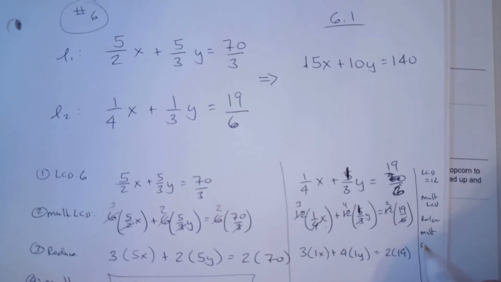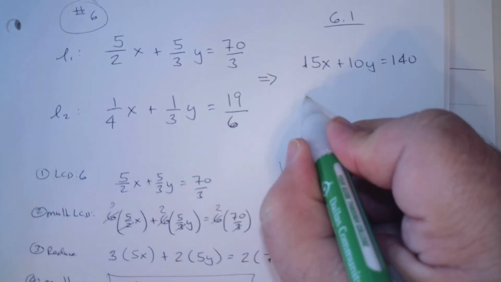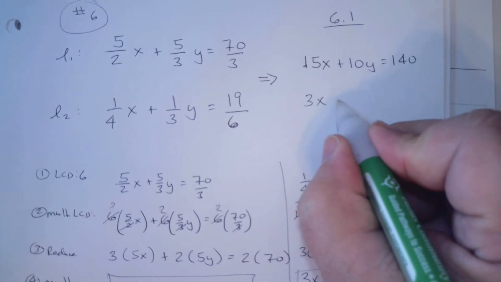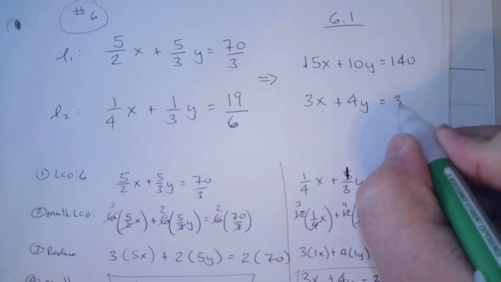Multiply and simplify. 3 times 1 is 3x, 4 times 1 is 4y, 2 times 19 is 38. Here's the second equation: 3x plus 4y equals 38.